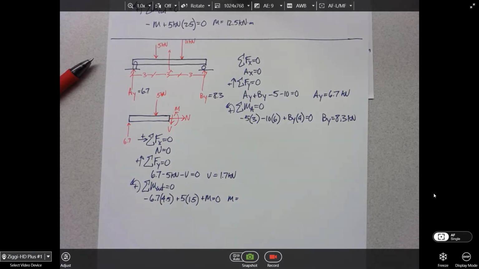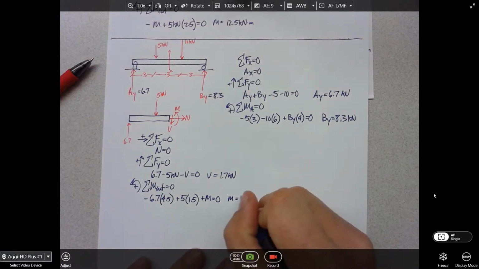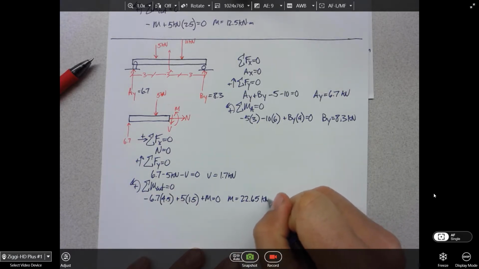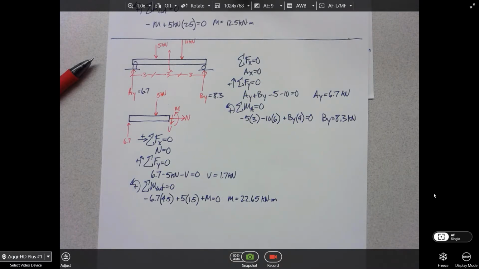What'd you get for the moment? 22.65 kilonewton meters. Anybody else get that? Okay.